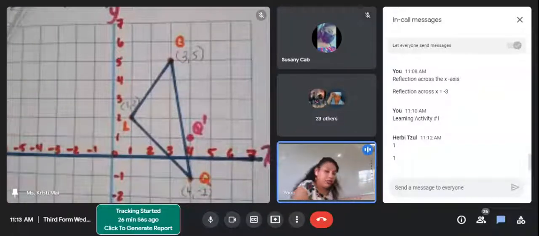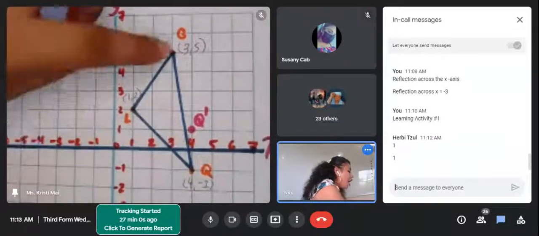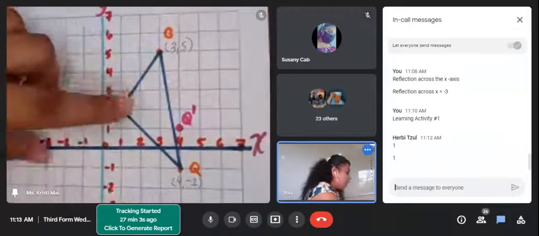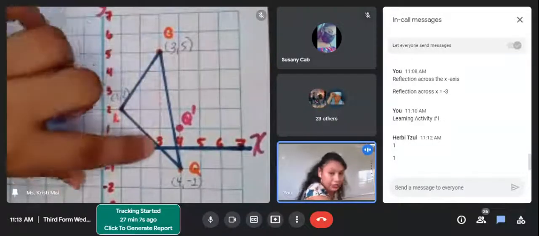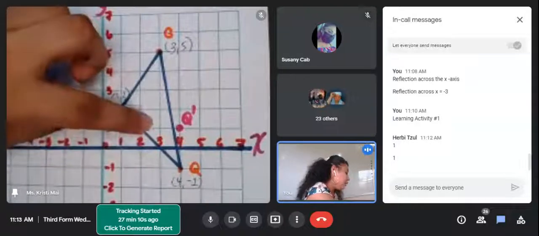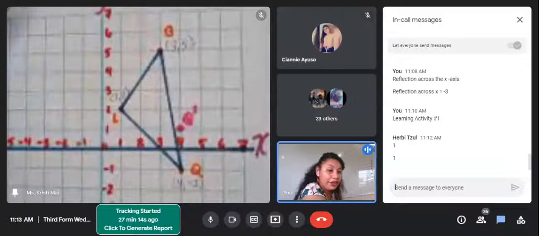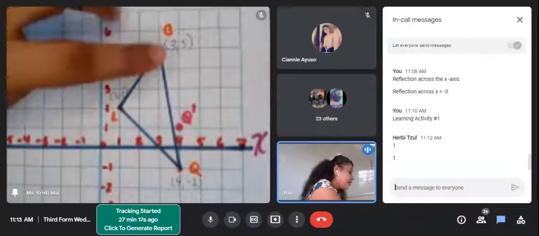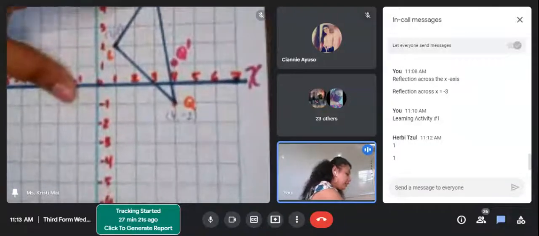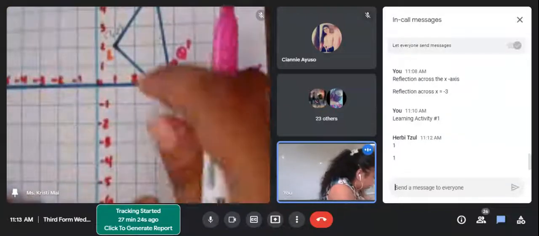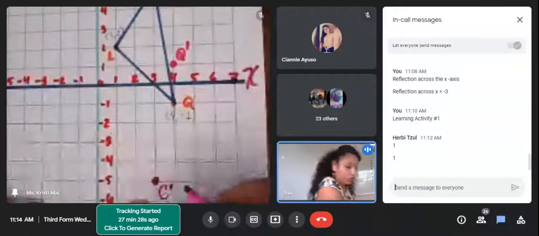But they're not asking us to give the coordinates, they're asking us to graph. So we're only graphing. How many spaces is G away from this line? How many spaces do you have here? 5. Very good. So if I have 5 spaces at the top, I need to have 5 spaces at the bottom as well. And then my point is going to be right here. And this one is going to be G1.